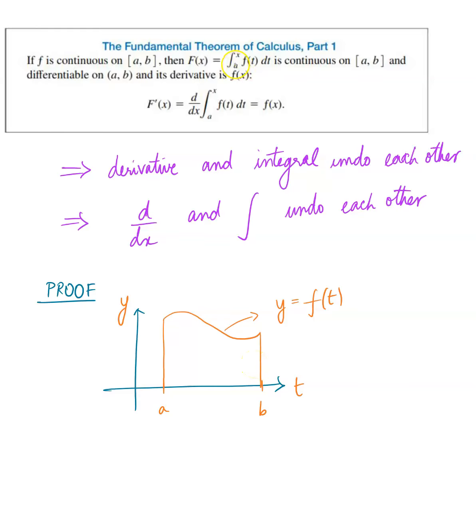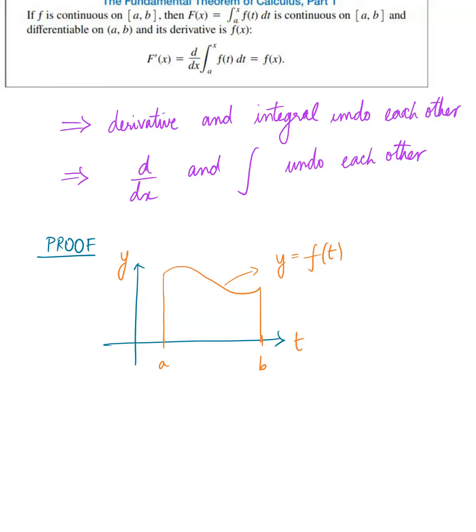So what we see here is integral from a to x. I'm going back to the definition. Integral from a to x of f of t dt. That means the area under the curve f of t all the way from a to x. That's what it means. And that's what we learned in definite integral. So I'm going to write that information here quickly as a little aside for us.